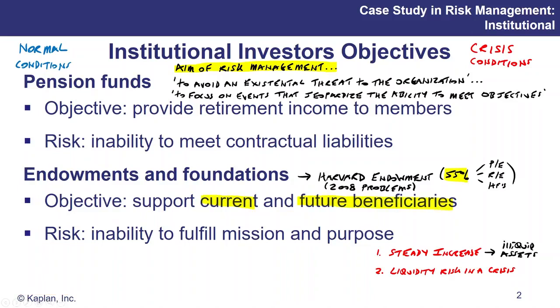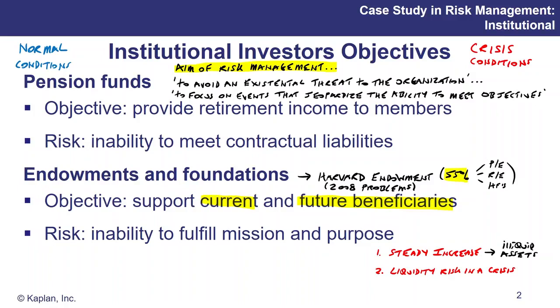Remember the term we use for that: intergenerational equity. You've got to be equitable to both sets of beneficiaries. And so the key risk here is the inability to fulfill its whole mission and purpose. If you are the Harvard endowment, that would mean perhaps having insufficient liquid funds to fund this year's students. So, guys, we're going to come back to the Harvard endowment, look at what happened and what they did to solve that problem a little bit later on.